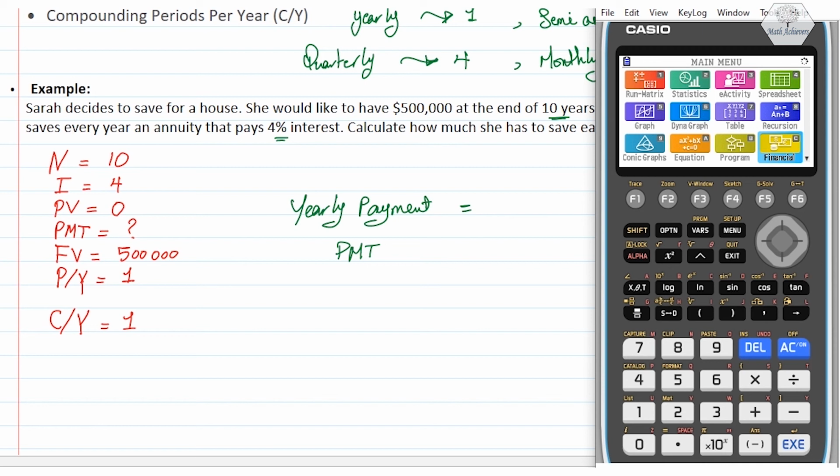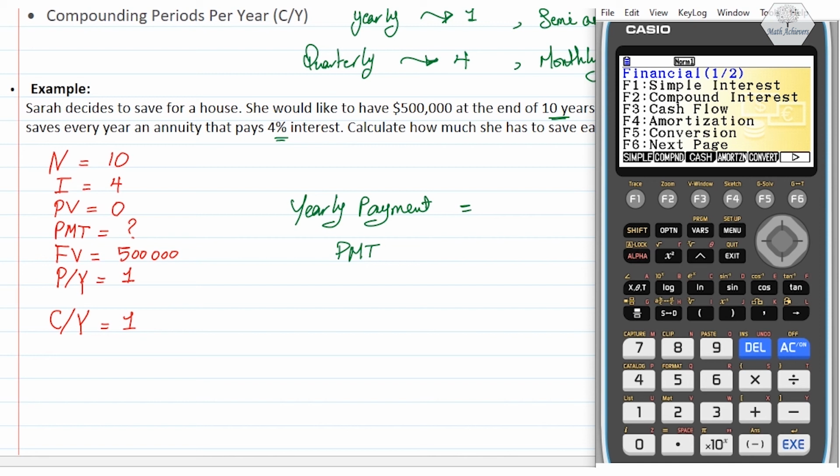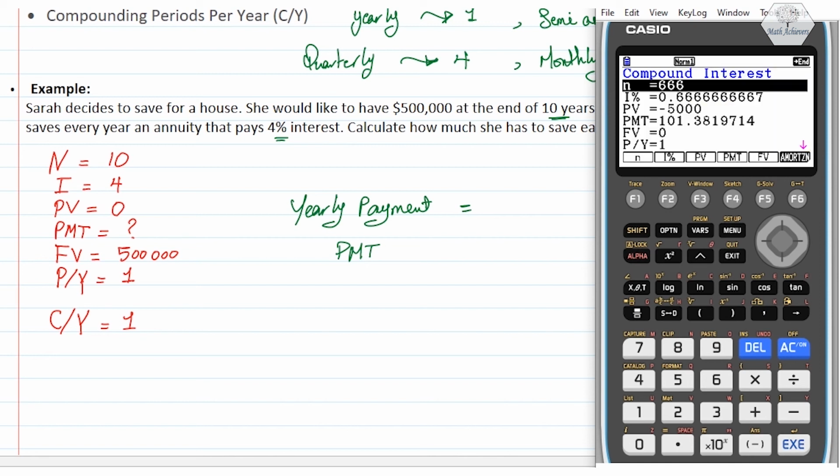And we execute. In the financial, we go to F2, which is the compound interest. Now we fill N to be 10. The interest is 4. The present value is 0.